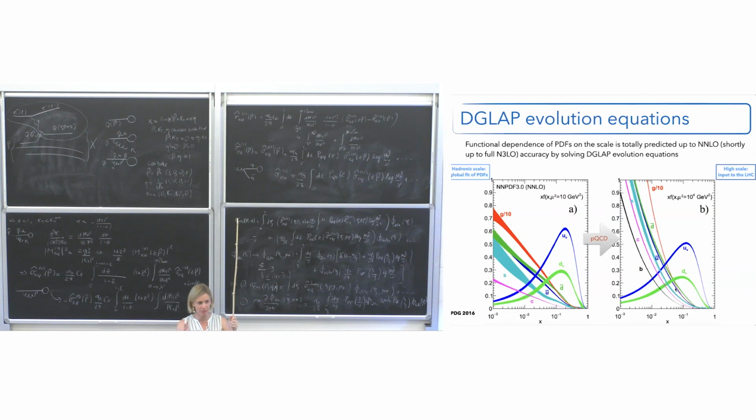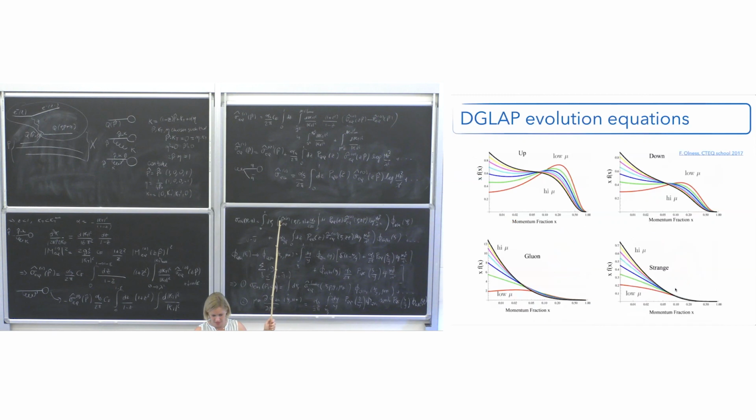Typically we parameterize the PDF at some initial scale, we extract them from the data, and then once we know them at a given scale, we know them at all scales. This is the magic of the DGLAP evolution, up to the precision of the splitting kernels that you have. Okay, that's it. I think that's something I've already shown.